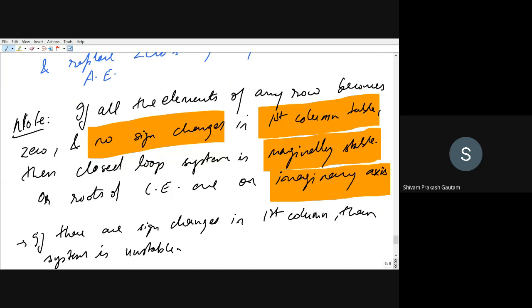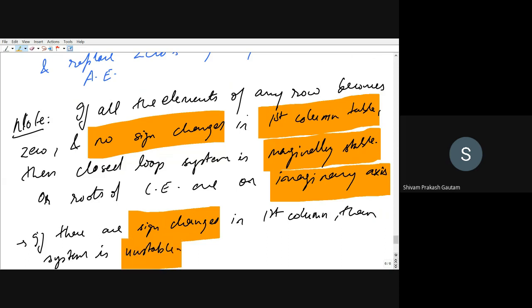That means you have got the row of 0, that is, all the terms of the row have become 0, and you have differentiated the auxiliary equation. You have calculated all the other terms of the Routh table, and then you are observing the first column of the Routh table. And suppose you observe a sign change in the first column. Under that condition your system will be unstable.